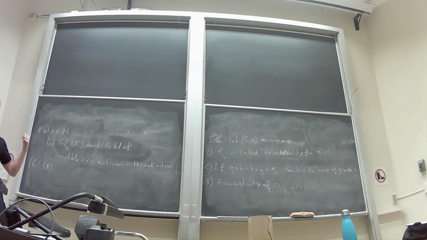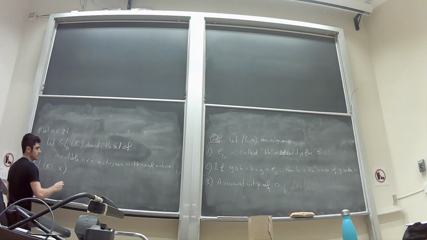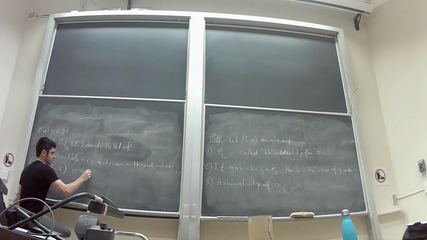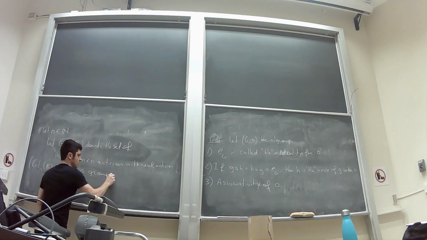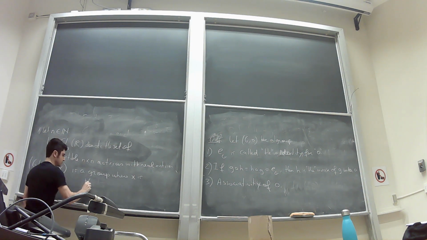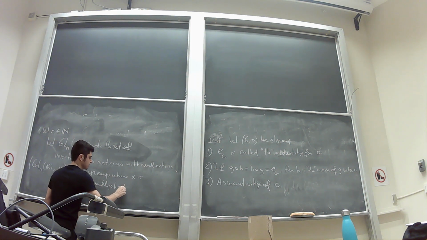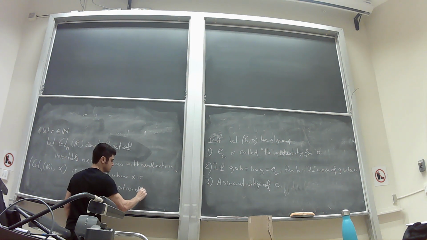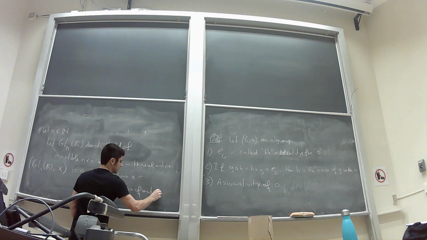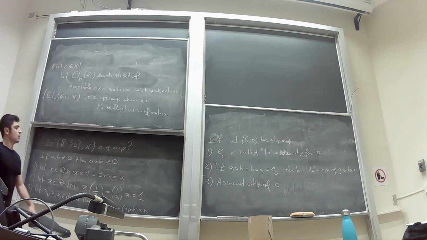GL_n(R), the general linear group, is a group under the multiplication of matrices. Great, let's prove that.